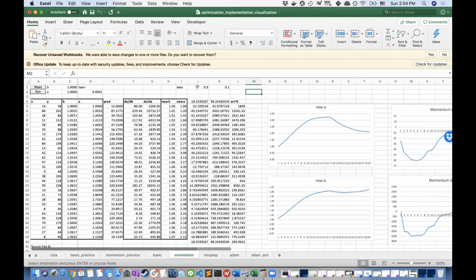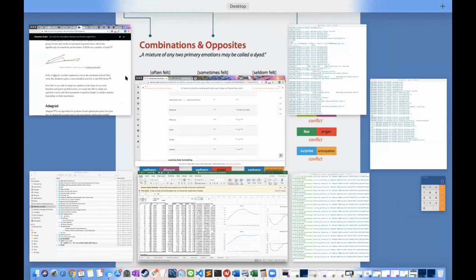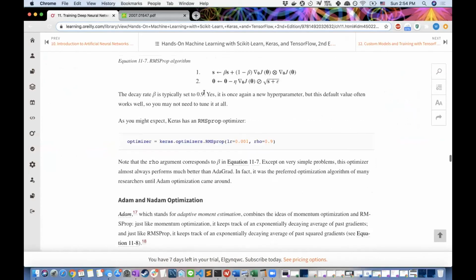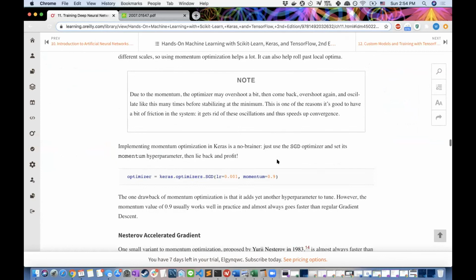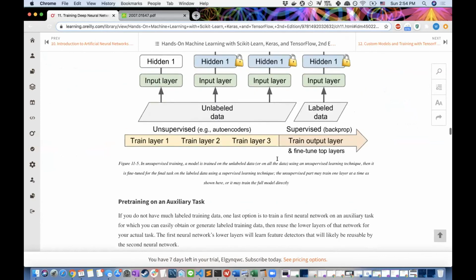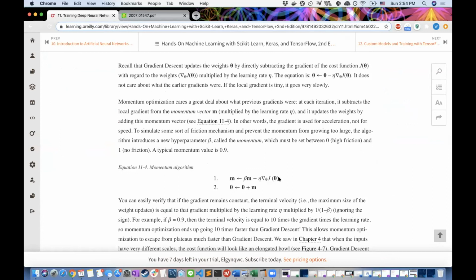Okay, and we talked about what momentum is. The way Jeremy Howard implemented this is it uses an exponential decaying average factor of beta, and so it correlates more with this, rather than this, okay?